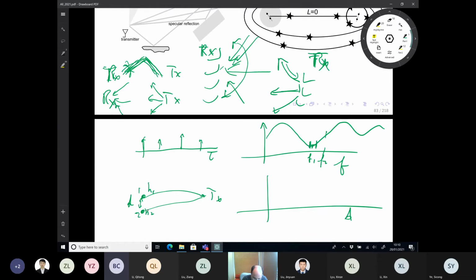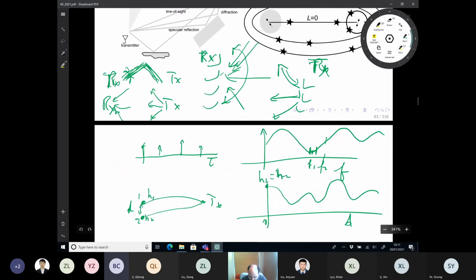Well, essentially, as a function of the distance here, at distance equal to 0, H2 will be equal to H1. So here I have H1 equal to H2, right, at 0 distance. And as I increase the distance, suddenly my channel H2 will differ from H1, maybe something like this, right?